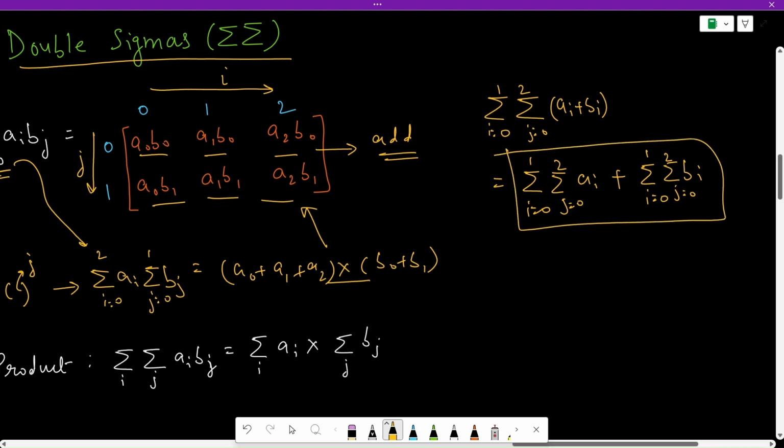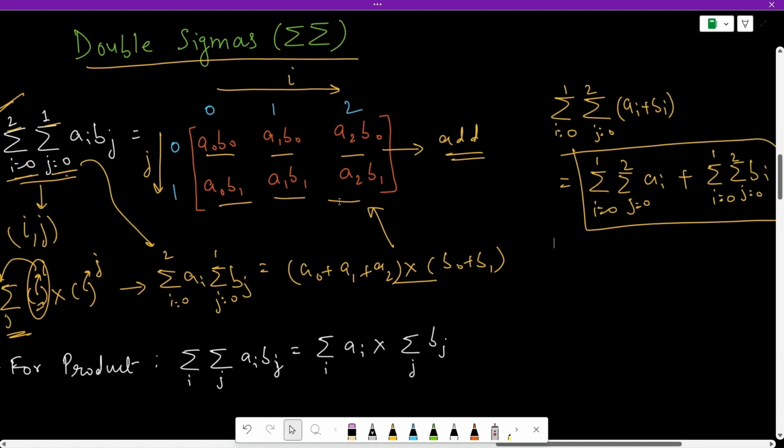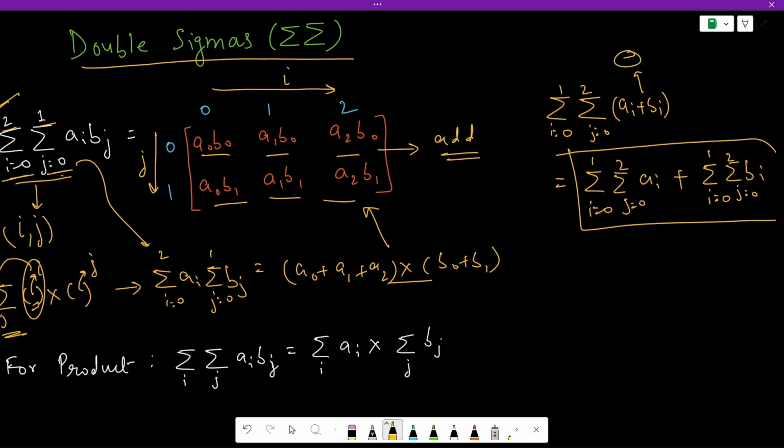So these were the properties for summation and products, or similarly if it was subtraction also.